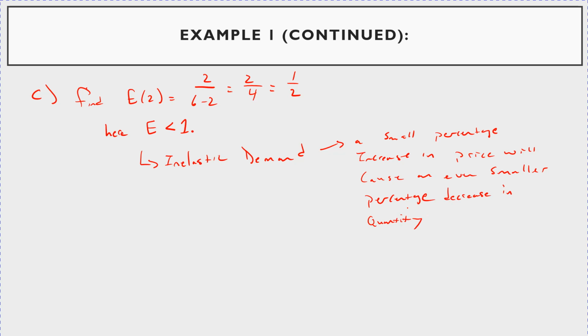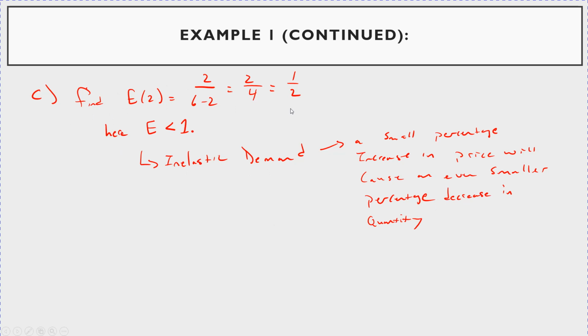Okay, that's what that means here. So for this price point here, this small increase in price will cause an even smaller percentage decrease in quantity. So what that means is consumers aren't responding in the same proportion to this price change.